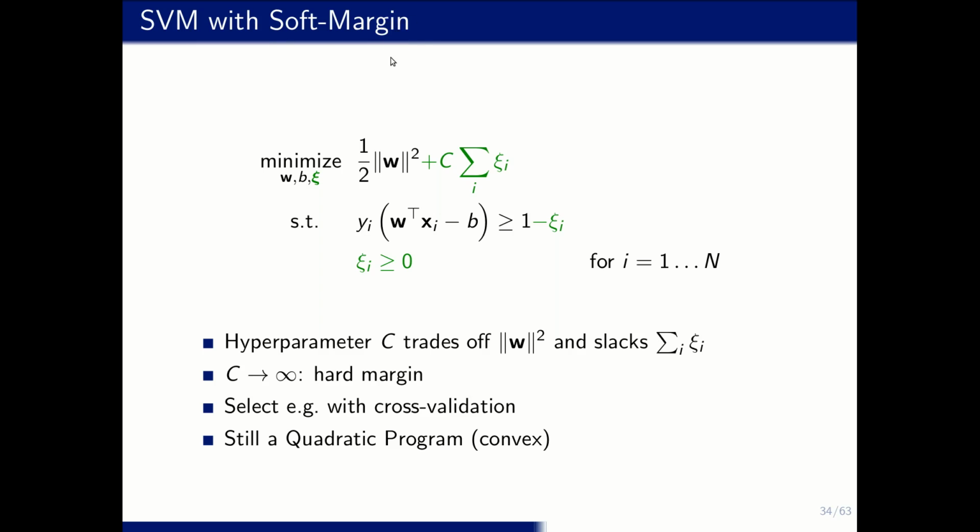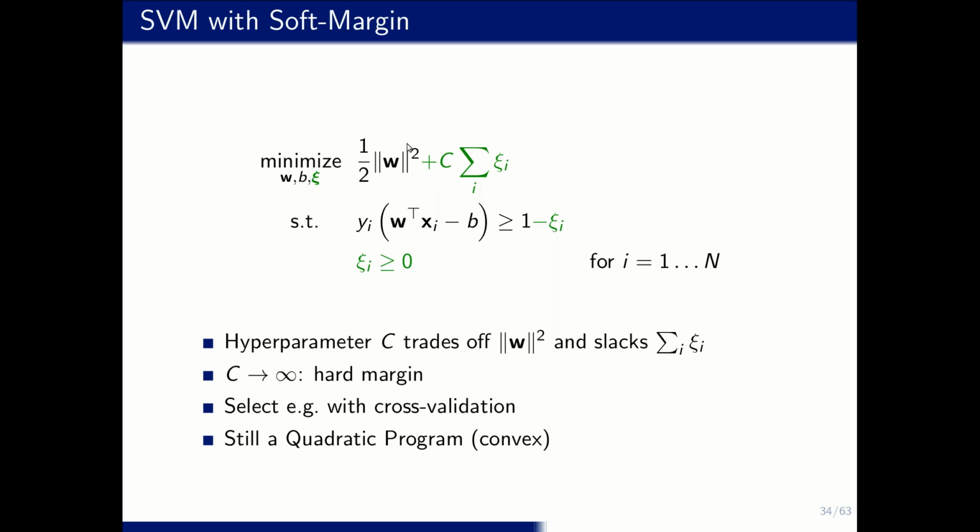So we are a bit more relaxed now. Everything in black here is the original hard margin formulation, and everything in green is new. We relax our margin constraints with the slack variables xi. We ask that the xi's are positive, and now we penalize the sum. We want to minimize also the sum of all these slack variables.